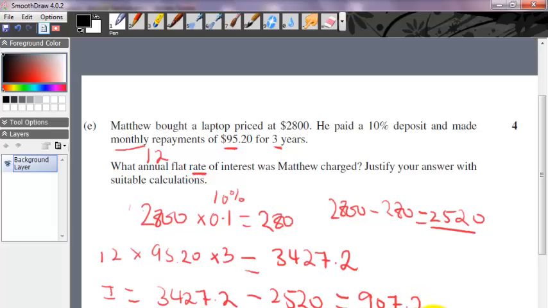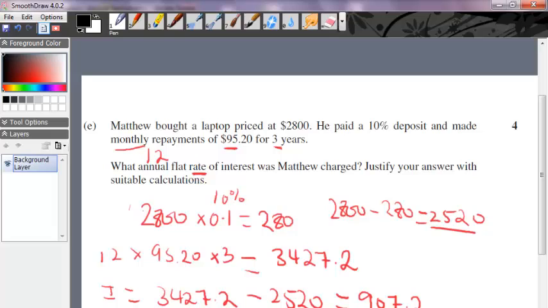So for simple interest, it actually doesn't matter. So N was 3 years. I was just saying that because it is monthly repayments, you should make it over 12, so you can make your interest per month. But I was saying you're going to write 36 here, right? Because there's 36 months in 3 years. And then what's 36 over 12? That's still 3. So I might as well just times it by 3 and make it easy. For simple interest, it's not a big problem.